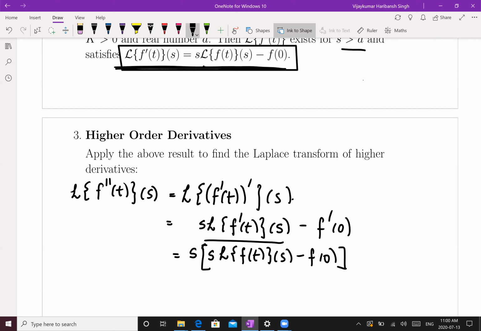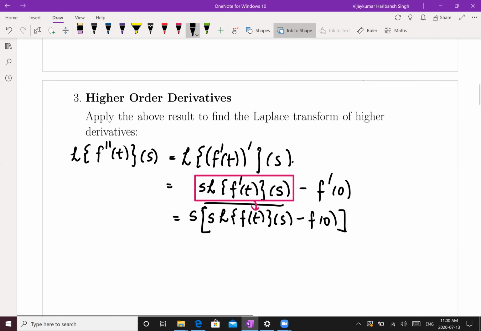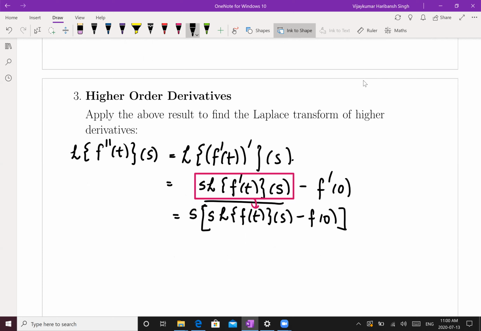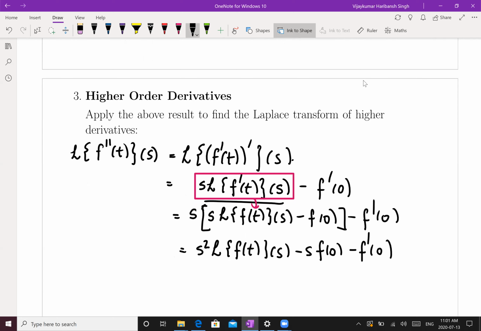This is a simplification of this part, and minus f prime of 0 is outside. So when you simplify this, you get s squared L of f of t evaluated at s minus s f of 0 minus f prime of 0. So this is the Laplace transform of the second derivative.